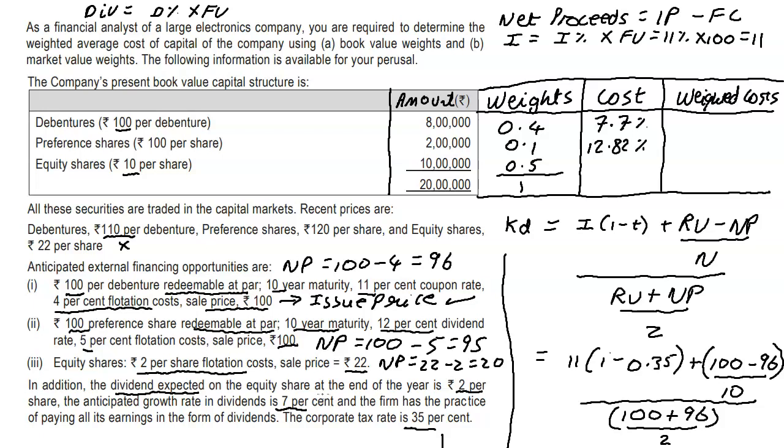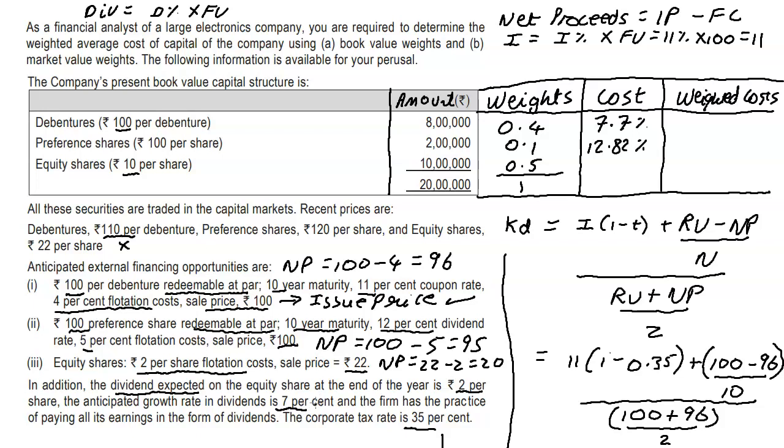That means if I wanted to know this year's, it would have had to be D0, which is last year's dividend, is equal to D1, open bracket 1 plus G. You would literally have to take 2 and open bracket 1 plus 0.07 and solve forward, which does not happen in this case because they have directly given us the coming dividend, next year's dividend. They have directly given us D1.